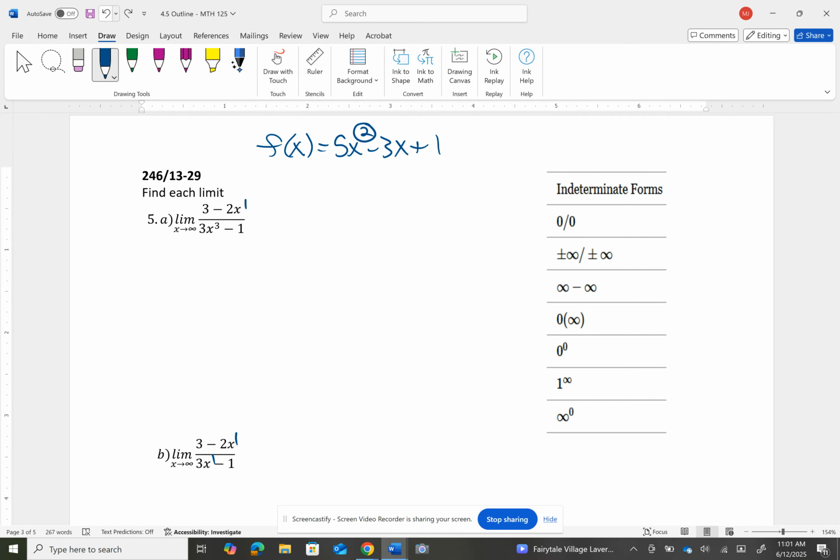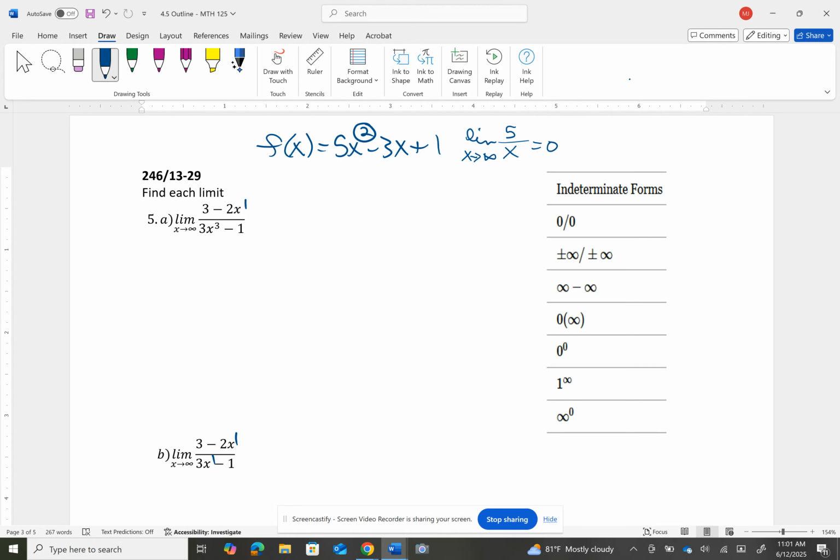This official way is based on the idea that if you have some fixed number, say a 5, on top, and the denominator might be an x, and you're looking at the limit as x goes to infinity, then 5 over a number getting bigger and bigger and bigger is going to equal 0.